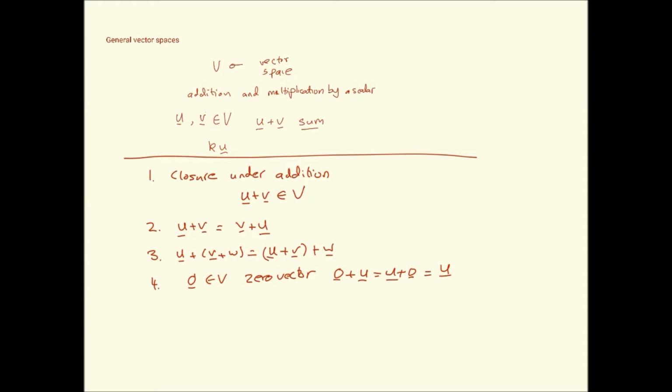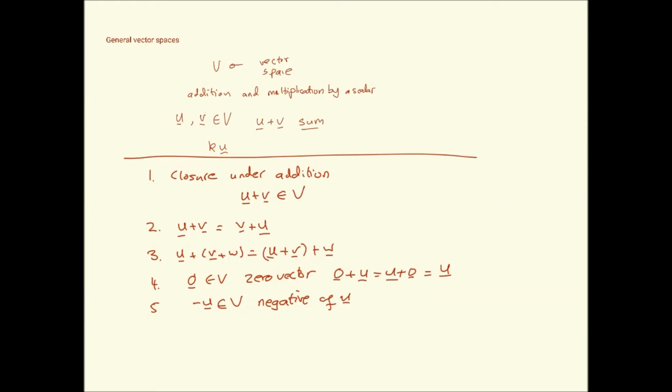The next property, which is associated with the 0, is the definition of something called the negative vector, or minus u. For each u in V, there is an object minus u, which is also in V, and it is known as the negative of u.